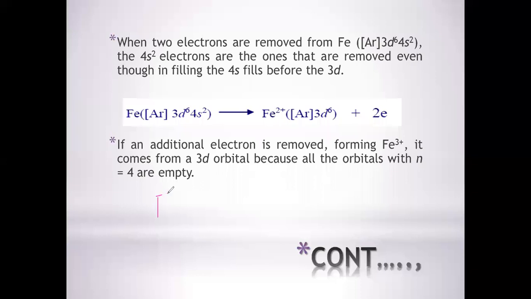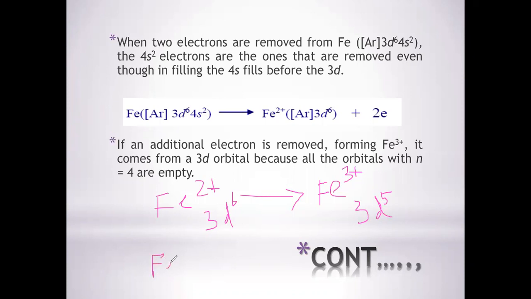If it becomes Fe3+, that means it has to lose one electron. So this is what you can lose from your 3d6 here. It will become 3d5. If you want to lose from Fe, becoming Fe3+.